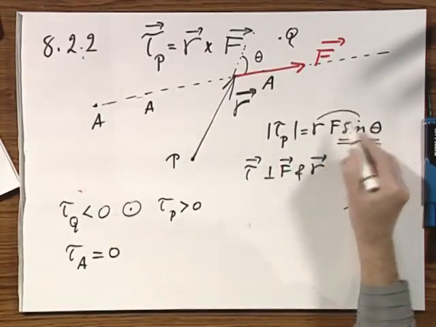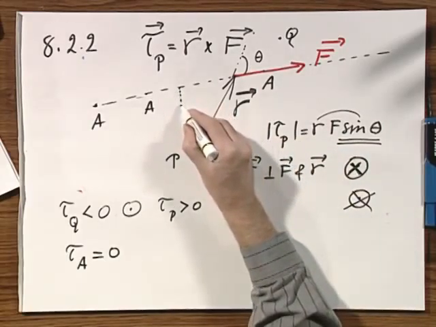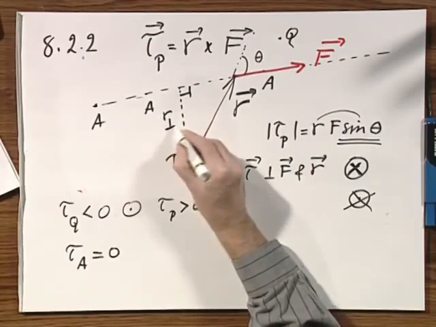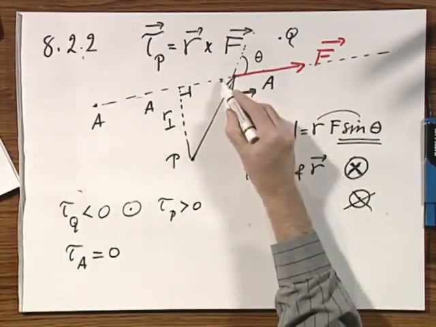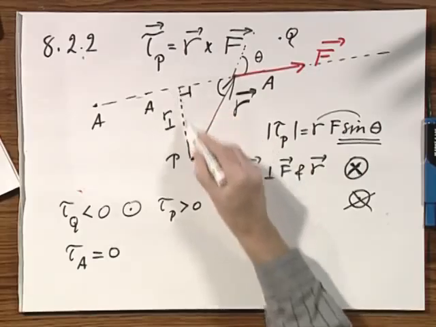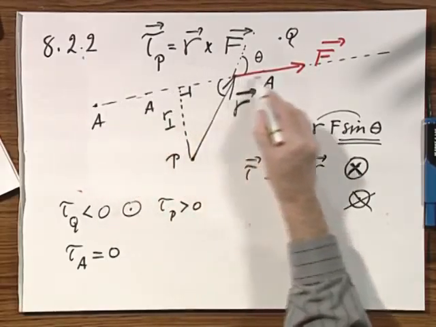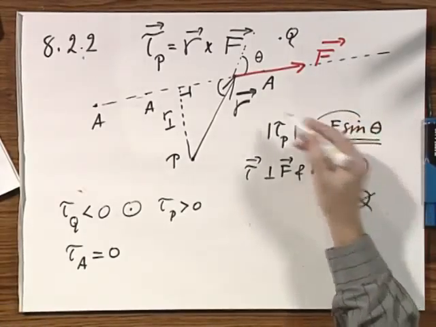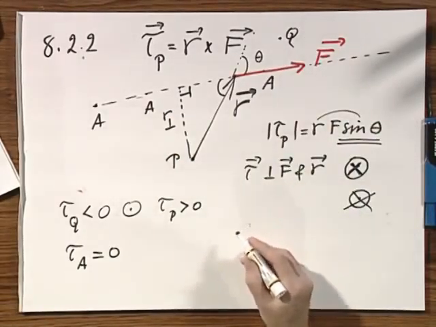Because r sine theta, that is this distance, I call it often r perpendicular. And you should immediately convince yourself that this is r sine theta. And so for all these points A on this line, r sine theta equals 0. And so the torque is 0.